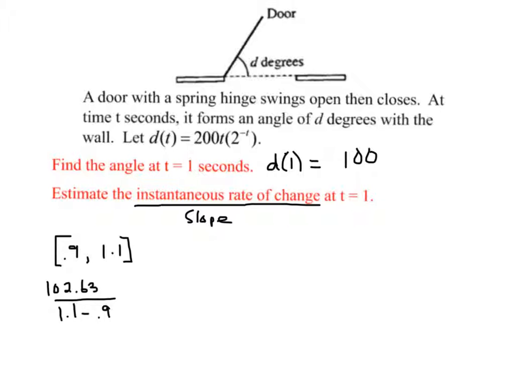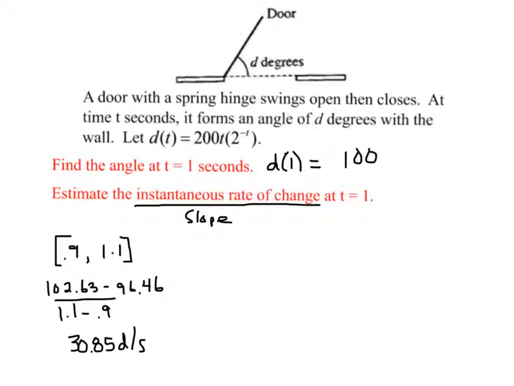If I plug 0.9 in, I get 96.46. Okay. Now, let me quickly calculate that. When I do that, I get an answer of 30.85, and that would be degrees per second.